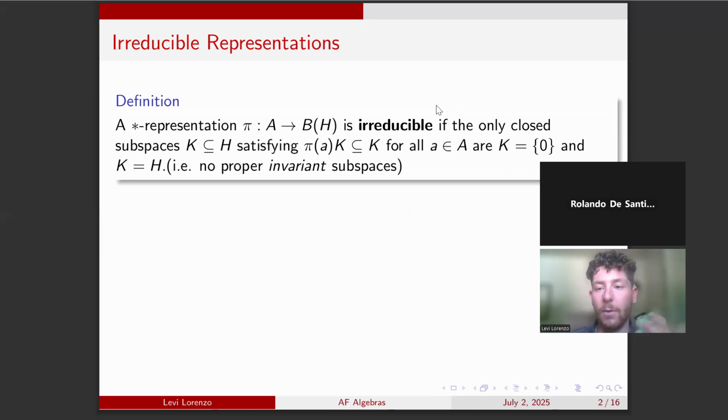If such a subspace exists, we would call that an invariant subspace. But if no proper invariant subspaces exist, then this representation is called irreducible.